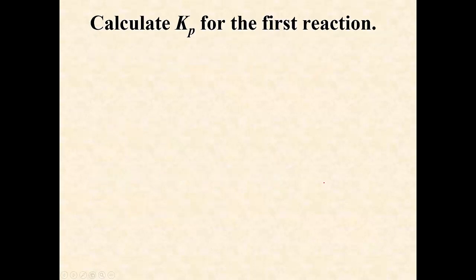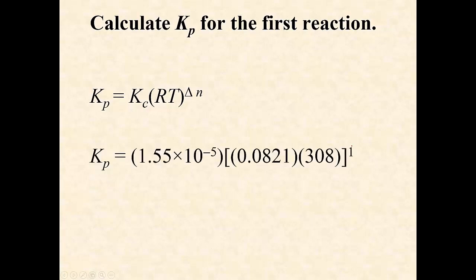Okay. Last thing we can manipulate. Well, what if I want to find the Kp for that reaction? We remember our shortcut: Kp is Kc times RT to the delta n. So look at your reaction. I have 2 NO plus 1 chlorine, so I have 3 moles of gas.